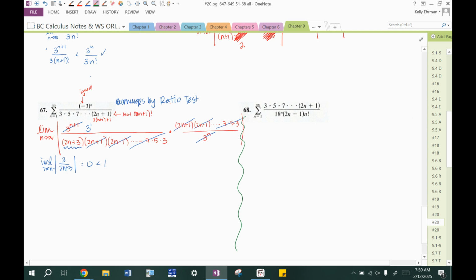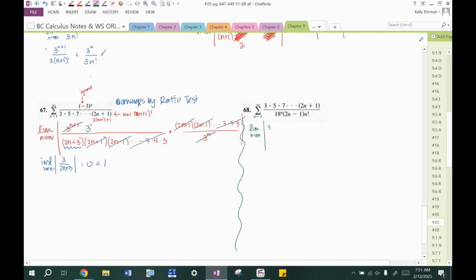This definitely looks bottom heavy, but when there are so many n's involved, I think they don't want us to just say nth term test and call it a day. Again, you could be searching in multiple choice questions for the right answer. They're probably going to say ratio test. So let's apply the ratio test just to see what it looks like. I almost always use ratio test when I'm just multiplying stuff like this together.